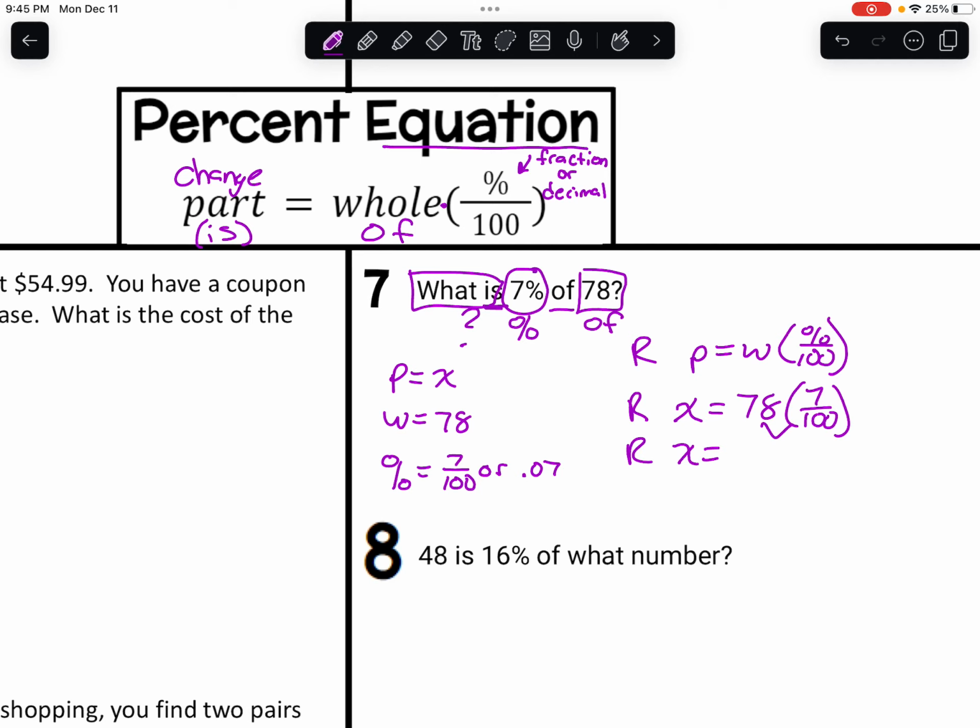So all we have to do is 78 times 7 hundredths. Let me get my calculator really quick. 78 times 7 out of 100 gives us 5.46. So our part, or the is, our final answer here is 5.46.